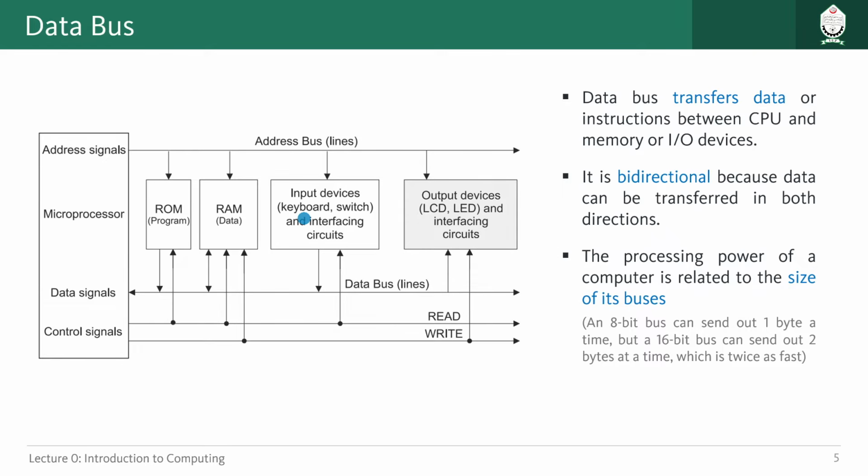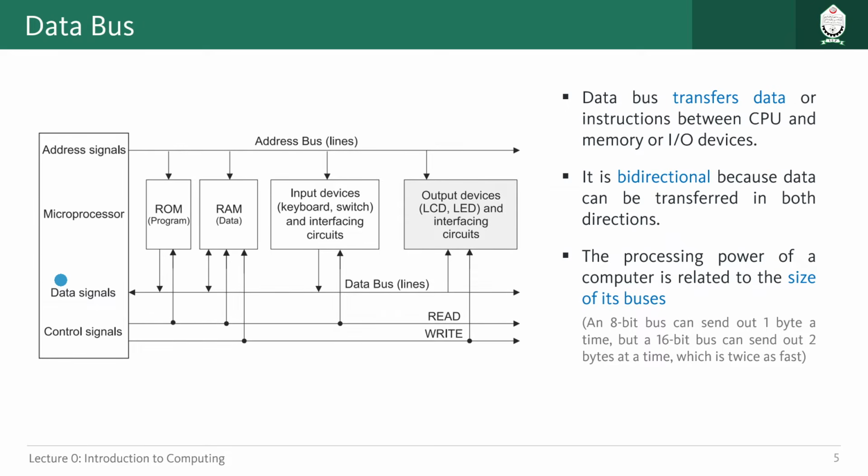The direction of this particular bus should be bidirectional, because data can come from the CPU to different devices, and different data can come from these devices to the CPU. So both directions are allowed.